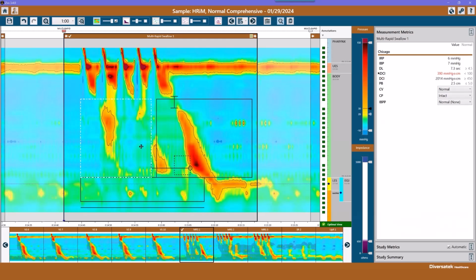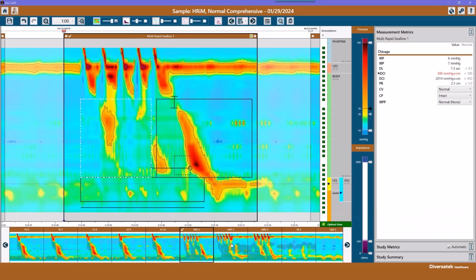The calculation occurs the same as for the DCI, but the value that it's looking for is different. So the iDCI, as well as the standard DCI, will be shown in the measurement metrics. The iDCI is unique to the multi-rapid measurements and the 200 ml rapid drink challenge measurement.